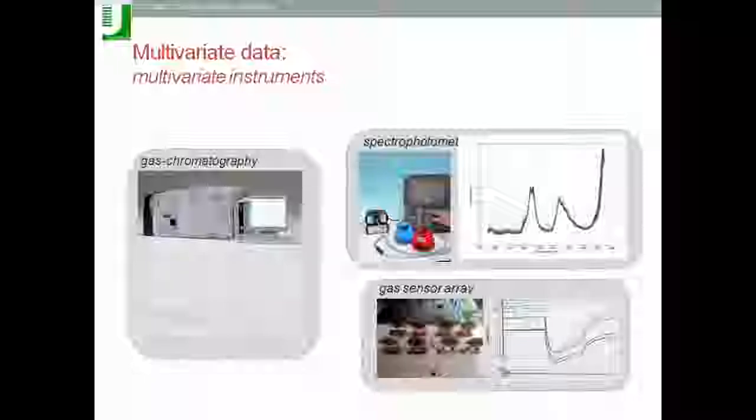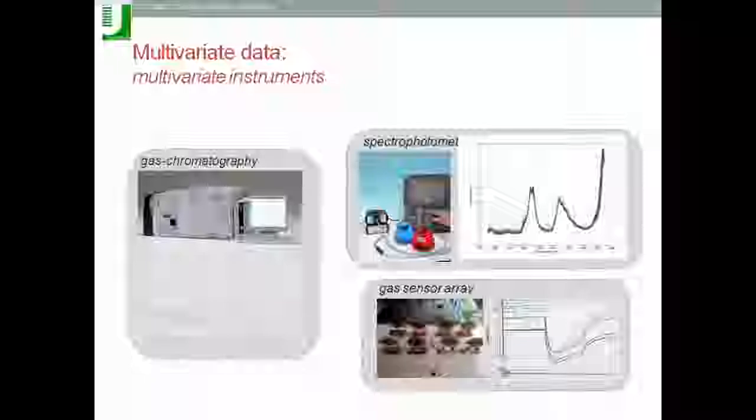Or gas chromatography, a typical technique in analytical chemistry, where we decompose a complex mixture in air into different elements according to their elution time, namely the time they take to travel along a capillary channel.